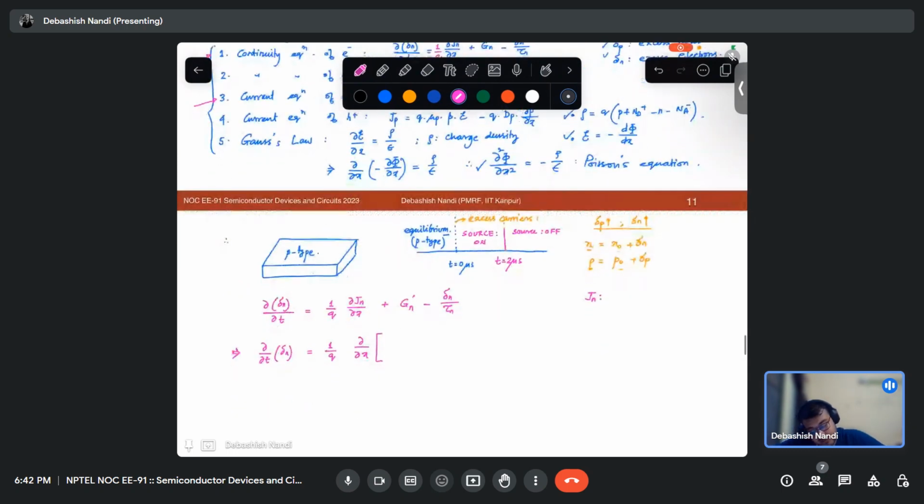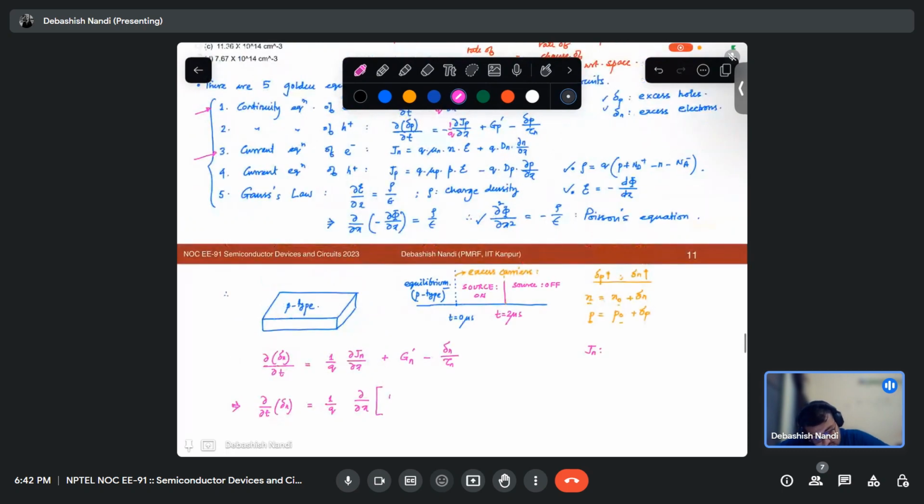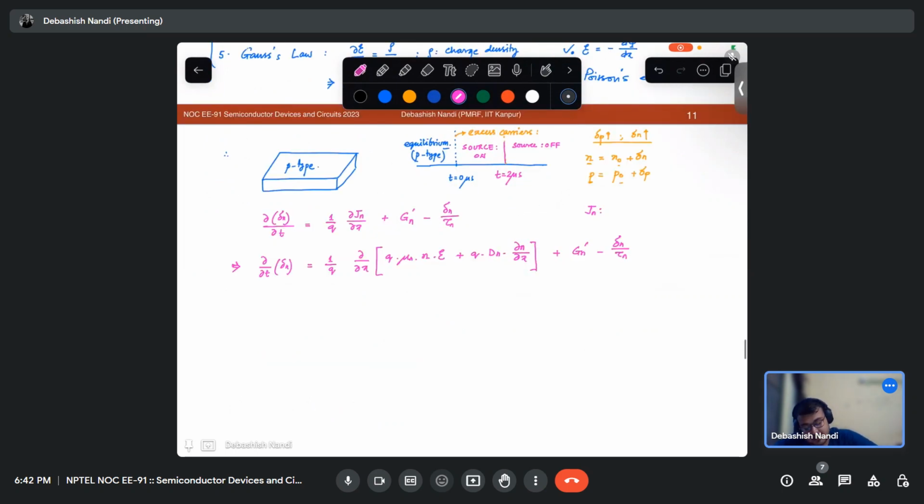My Jn was q mu n n E plus q Dn dn/dx, plus Gn dash minus delta n over tau n. This Jn I have replaced here.